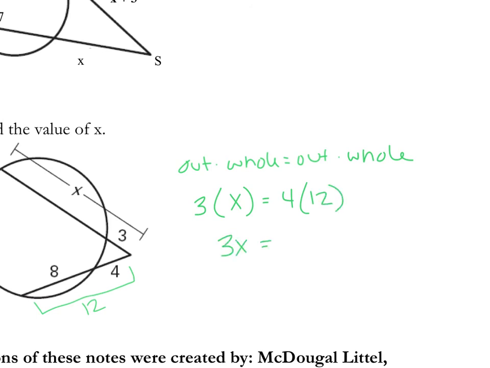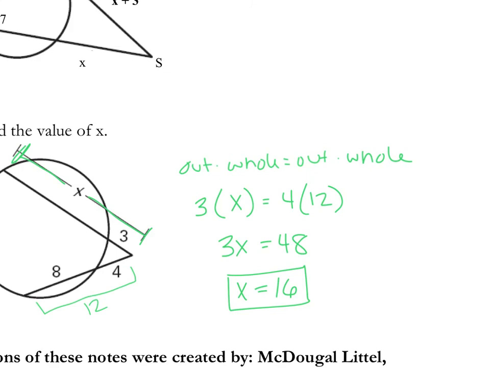So this is 3x equals 48. So do you see how this already had a bracket? So it showed me the total, so I didn't need to add up any parts. And then I just divided to get 16. And that would be my x value.